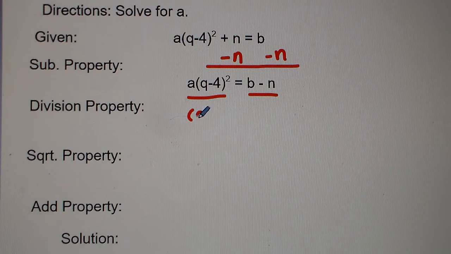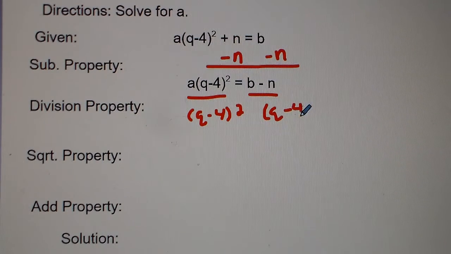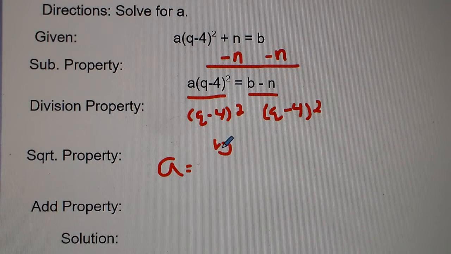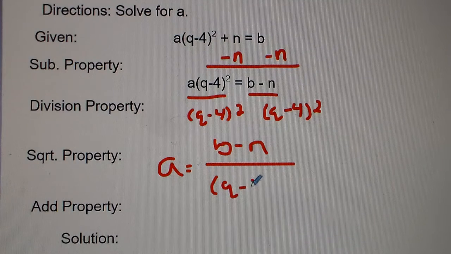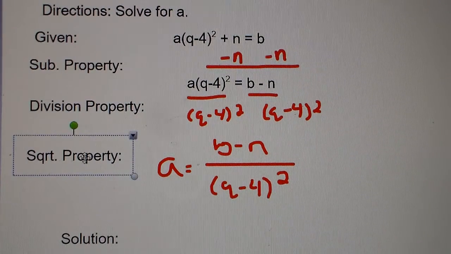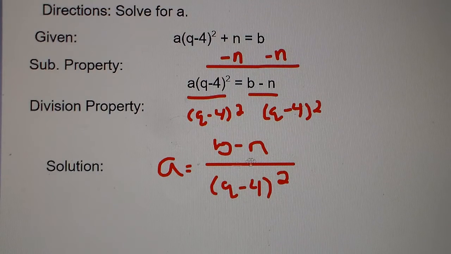So our final answer is going to be a equals (b − n) over (q − 4)². And that'll be our solution. So we didn't do the additive property, and we didn't do the square root property. So it's a little bit quicker, this one.